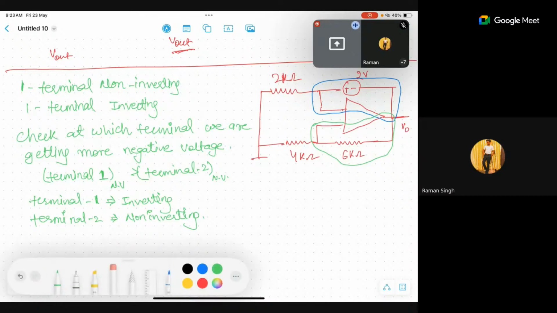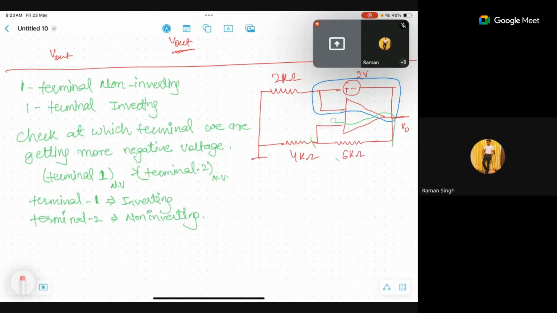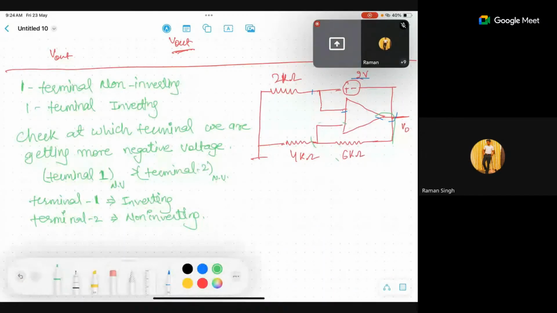So how do we check which terminal is having the more negative voltage? We start with the V naught.